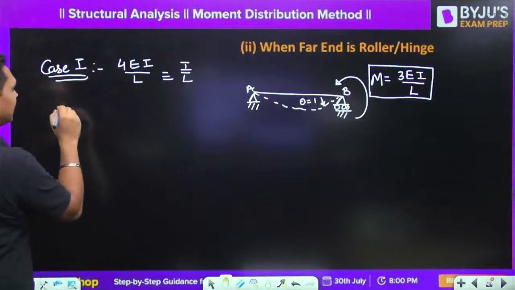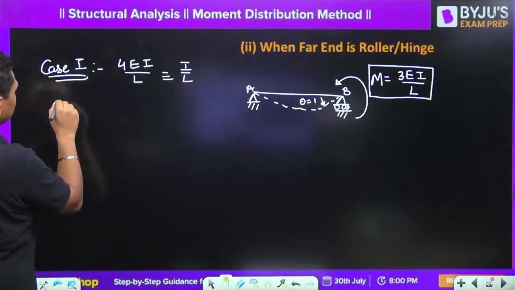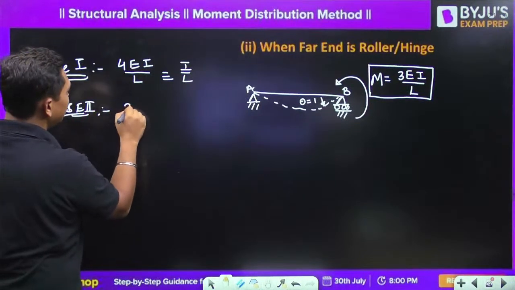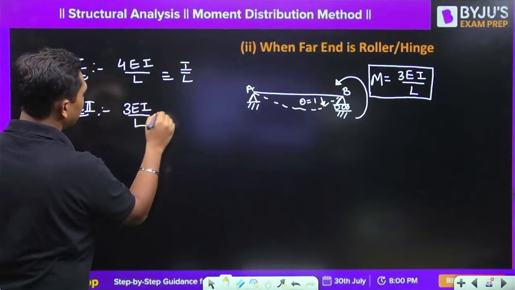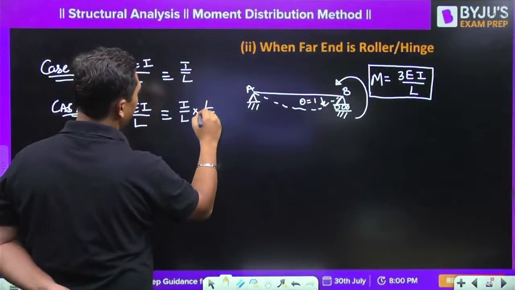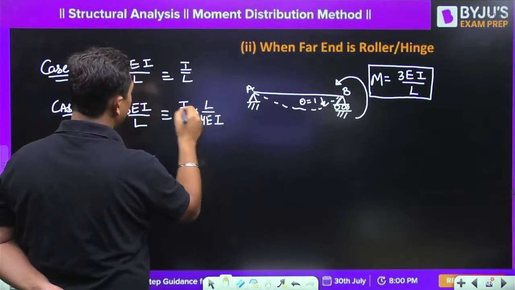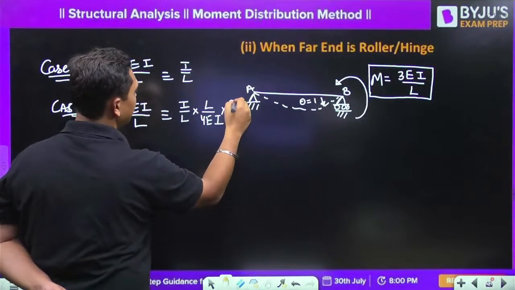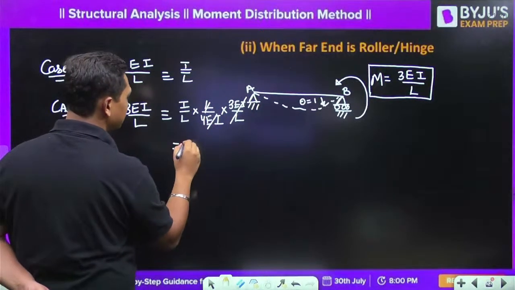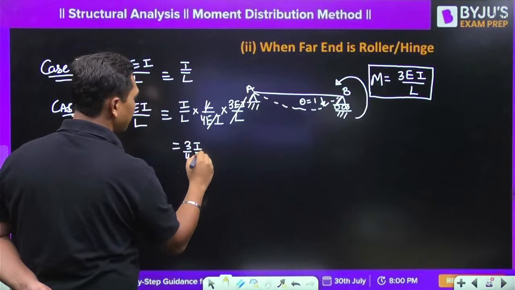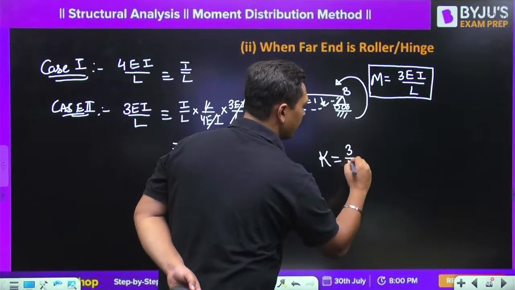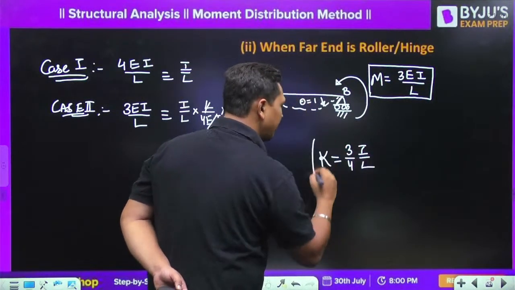Now if 4EI by L is equal to I by L, then in case number 2 our value is 3EI by L. So this will be equal to I by L divided by 4EI by L, multiplied by 3EI by L. So EI by L and EI by L cancel out, and this becomes 3 by 4 I by L. So in this particular case, the relative stiffness comes out to be 3 by 4 I by L with respect to case number 1.